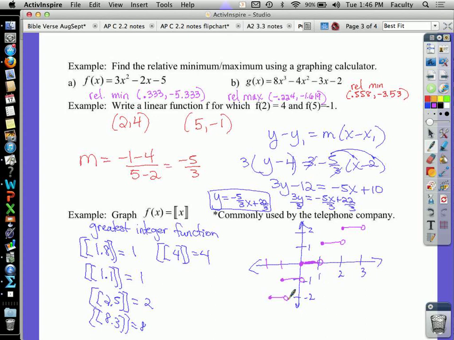Now, how the telephone company uses this is you might be charged long distance a rate up to, say, the first 10 minutes is $1. And then for the next 10 minutes, you're charged $2. So that's like greater than 10 up to 20 minutes. And so you can see where those rates are flat for a period of time.